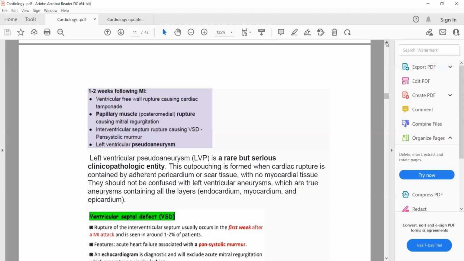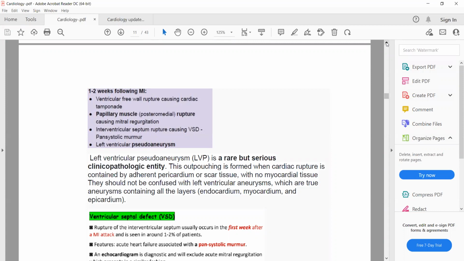Accumulation of fluid in the pericardial cavity can lead to cardiac tamponade, because fluid in the pericardial cavity will prevent the normal functioning of myocardium. Then when will you say that it's cardiac tamponade? In case of pericarditis, accumulation of fluid is called pericardial effusion. If the patient develops Beck's triad, what is Beck's triad?